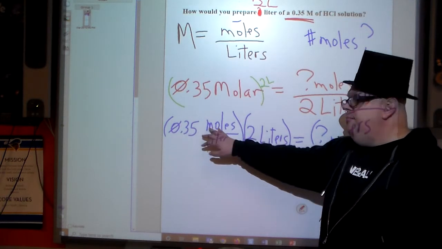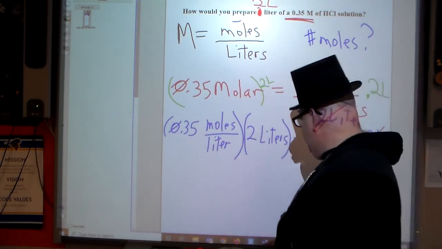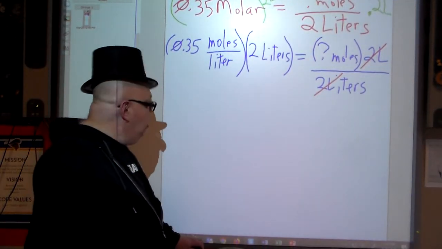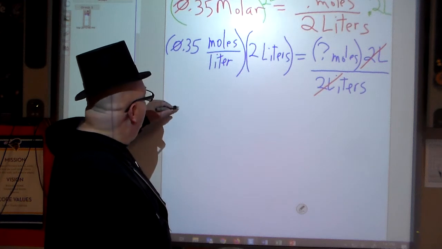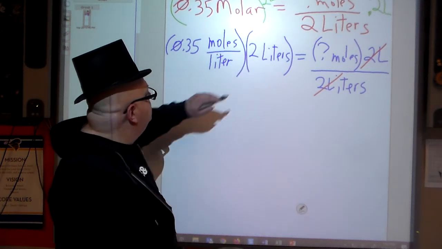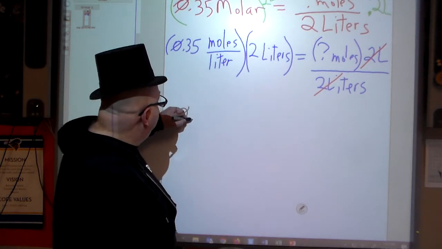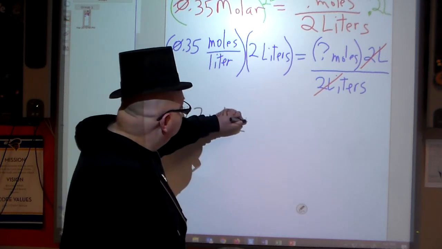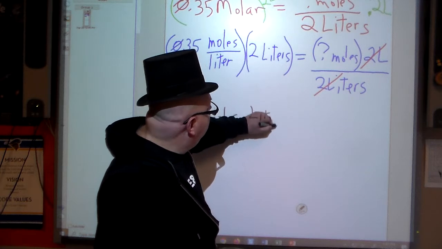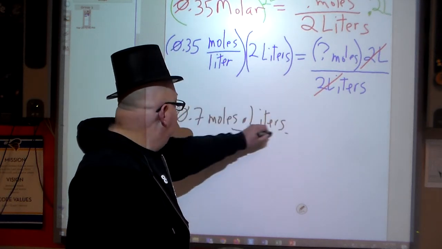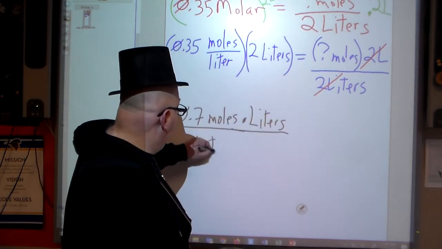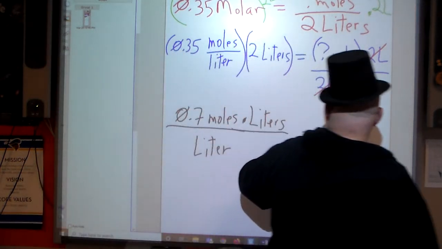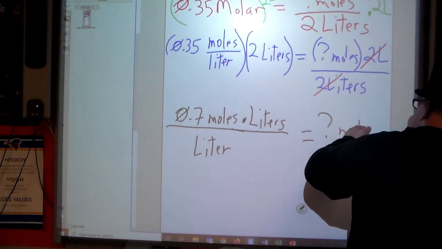If I multiply this out, 0.35 times 2 is 0.7, so it'll be 0.7 moles times liters, right? Because we have the liters here, divided by liter, right? And that's equal to however many moles we need.